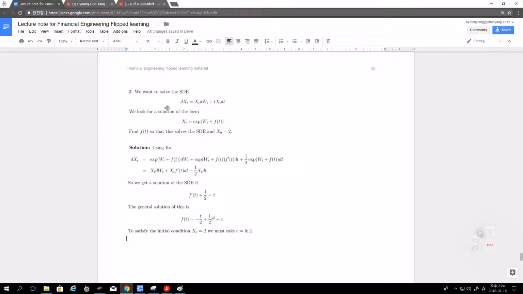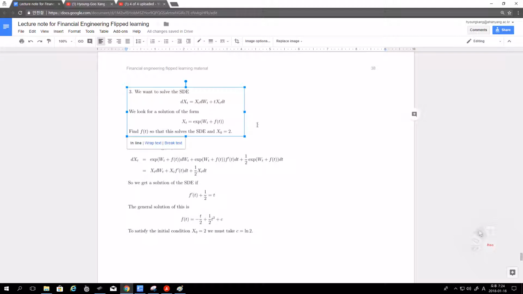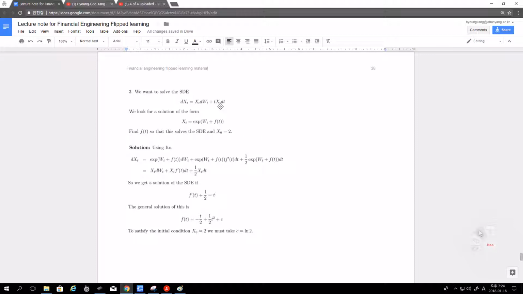Now we want to solve the stochastic differential equation dX_t = X_t dW_t + t X_t dt, and we look for a solution of the form X_t = exp(W_t + f(t)).